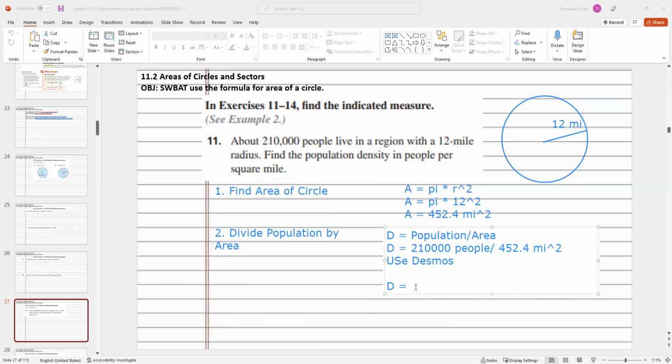So it's better not to use the rounded ones when you're calculating. So about 464 people per square mile. And that's it. We find the area of the circle, divide the population by the area, bada bing, bada boom, use Desmos, and you are finished.